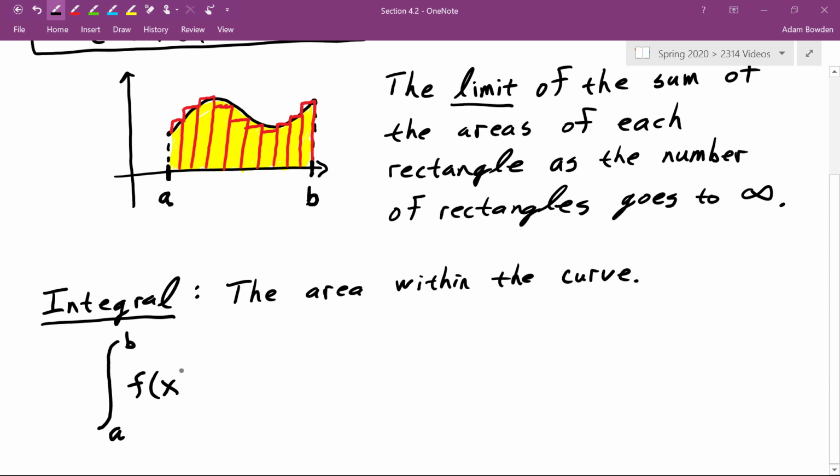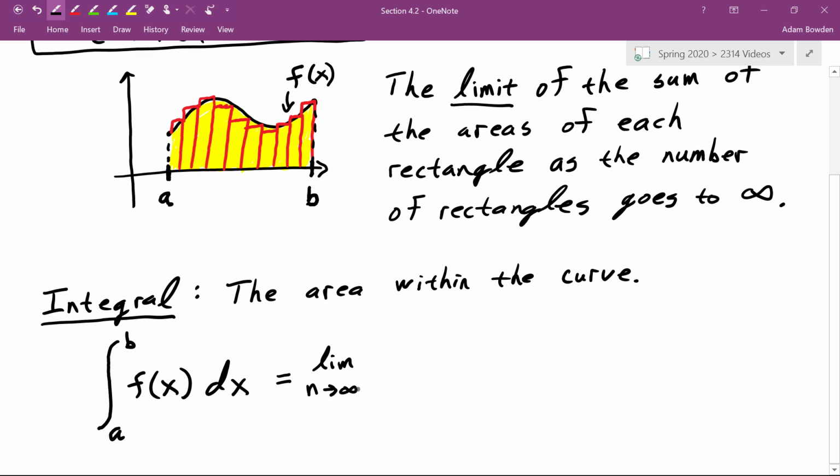And we say the integral from A to B of f of x dx is our notation. Since our curve is the f of x, in other words, that's our function here. And so this integral comes from the limit that I was mentioning above.